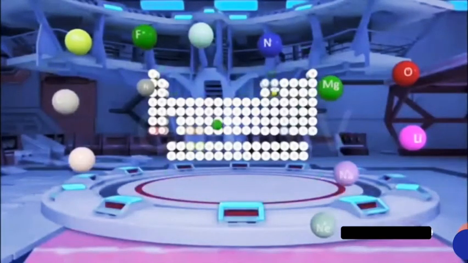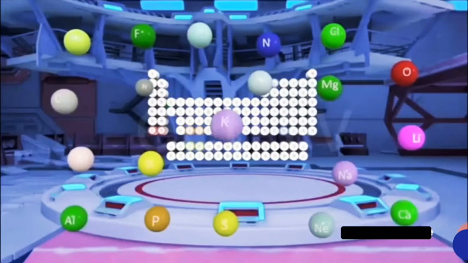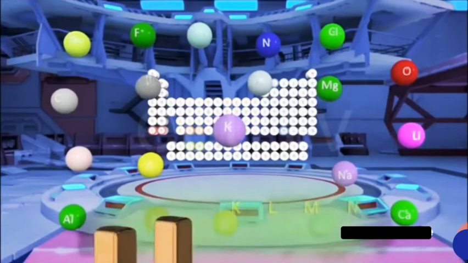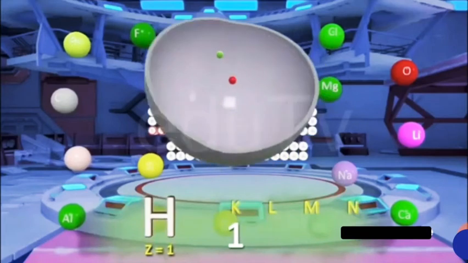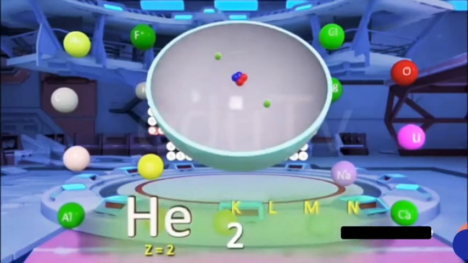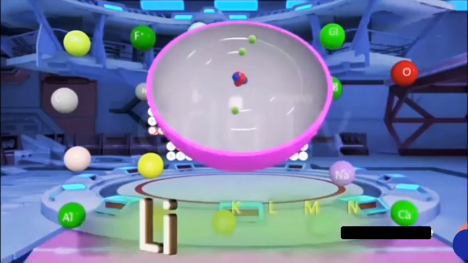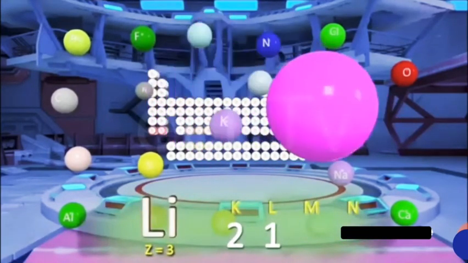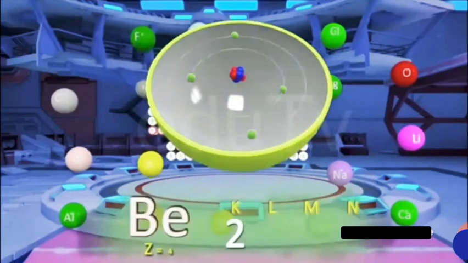The electronic configuration of elements. Hydrogen is 1. Helium is 2. Lithium is 2, 1. Beryllium is 2, 2.